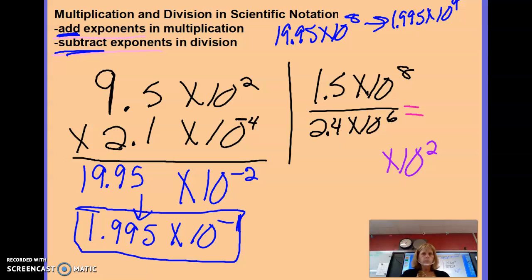And then I'm just going to divide 1.5 by 2.4, which is 0.625. But again, I don't have one number in front of the decimal. I actually don't have any numbers in front of the decimal, so I know I'm not done with this one yet.